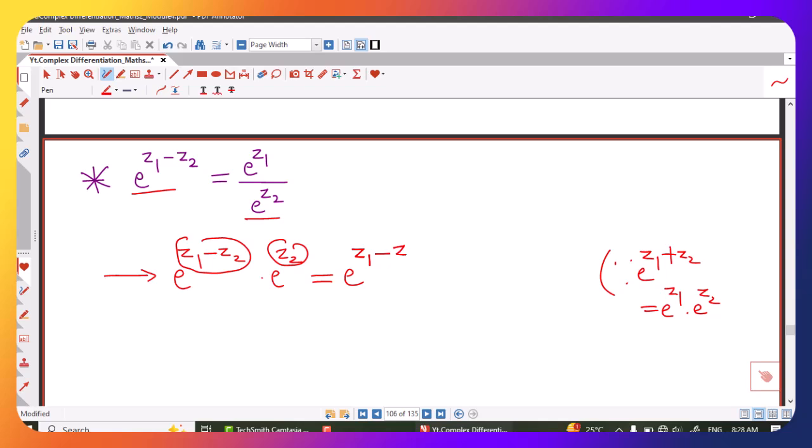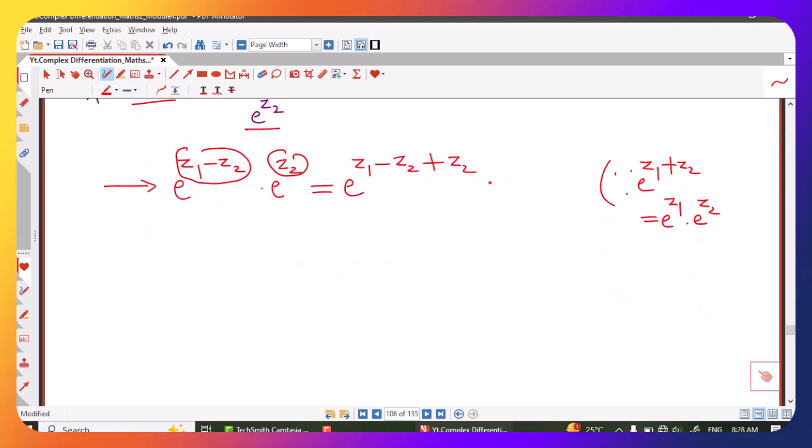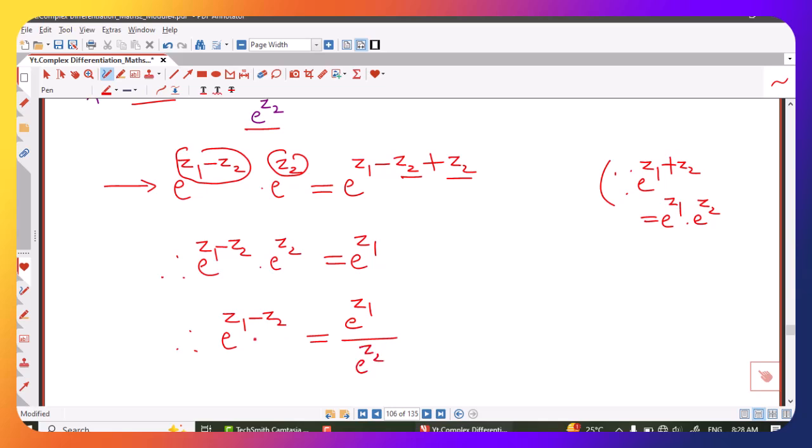Here we have z1 minus z2 plus z2, and this will get cancelled, and we have e raised to z1. The left hand side is e raised to z1 minus z2 times e raised to z2. Therefore we find that e raised to z1 minus z2 becomes e raised to z1 divided by e raised to z2. So using this property we are able to derive this property.